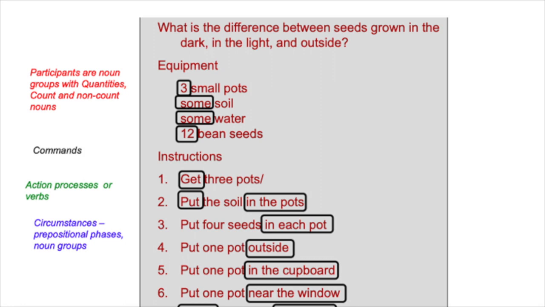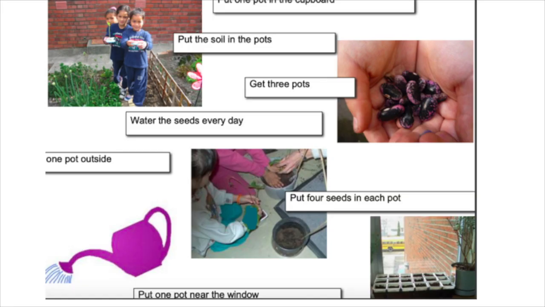Okay, and the next slide is going, I suppose, into more detail, looking at the actual language of the text. And you're familiar with a lot of these words because you have been reading the textbook and you've also used them in your assignment. So the participants are nouns, quantities, count and non-count nouns.